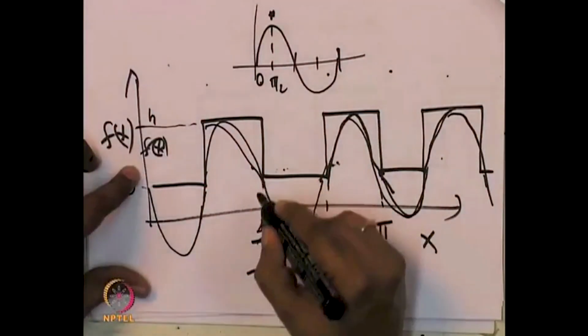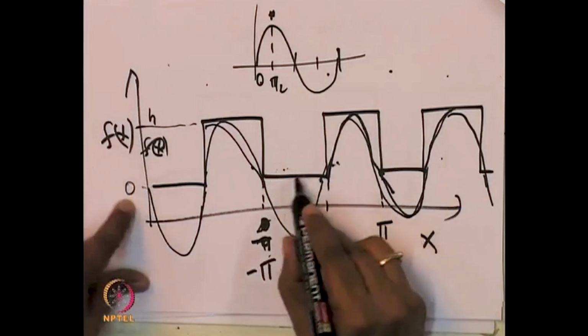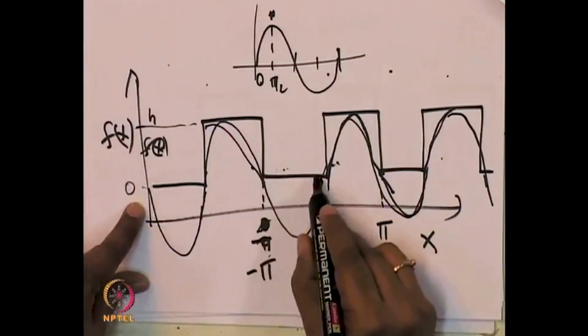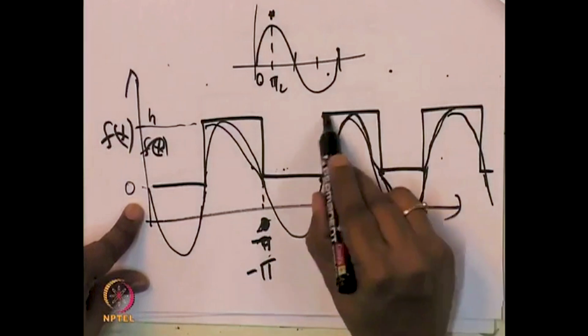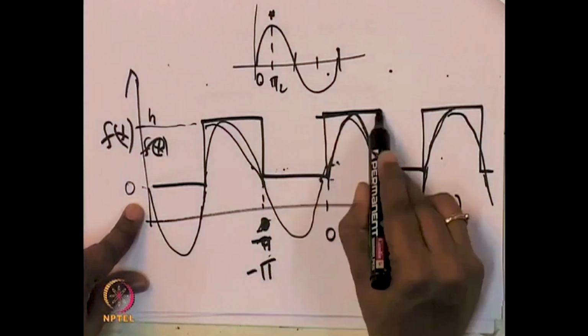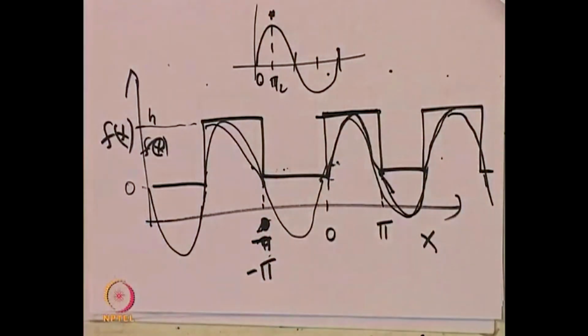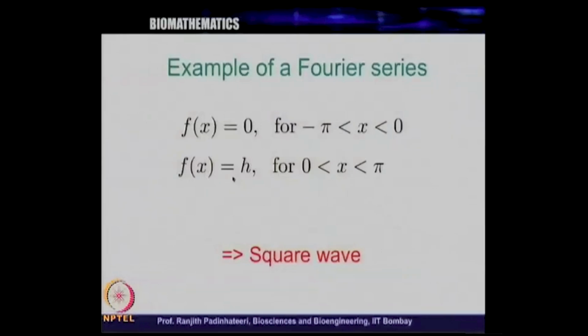Between minus pi and 0, f of x is 0, and between 0 and pi, it is h. So, f of x is equal to h between 0 and pi.